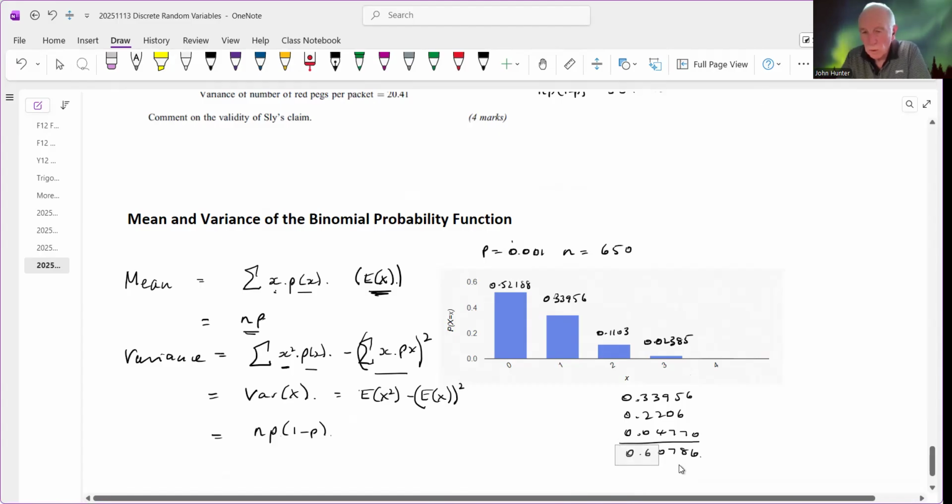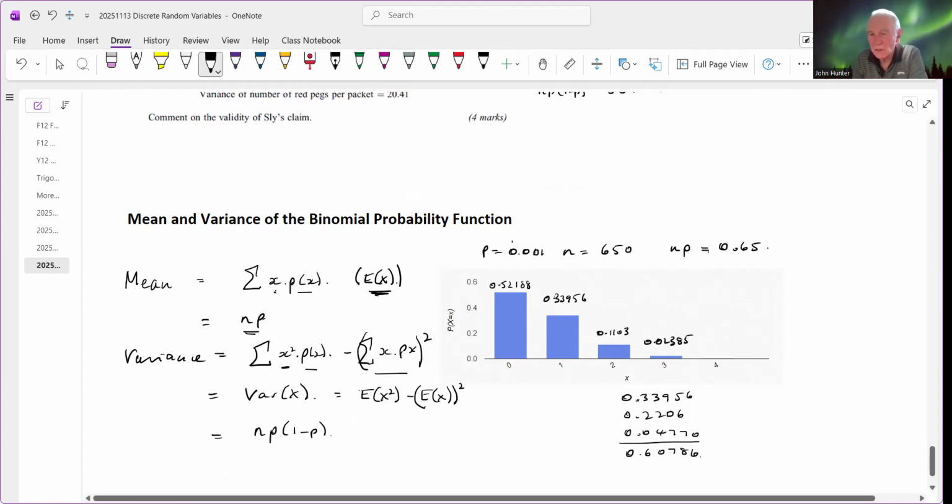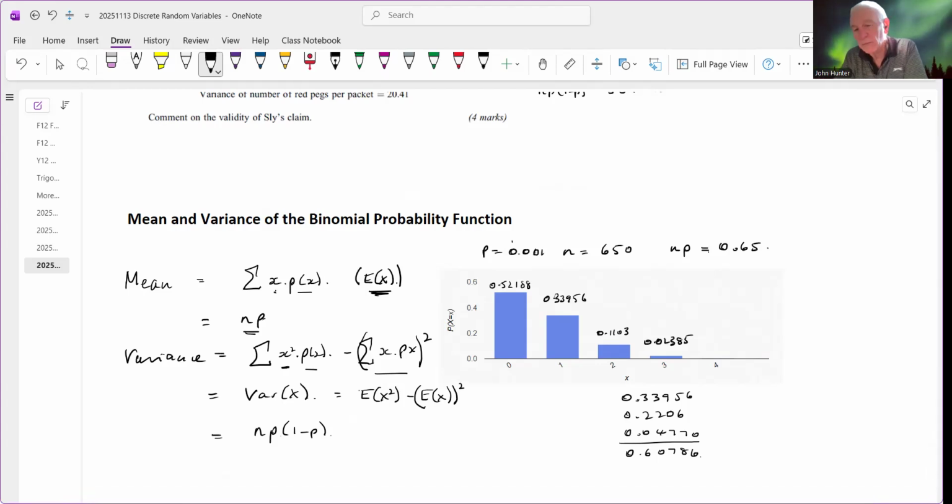Just those alone come to 0.6. Theoretically our number should be 0.65, if we multiply n by p. We've got that far just by adding the first three. The rest are pretty small, so if we carried on summing over the whole 651 different values, we would definitely get to that value.